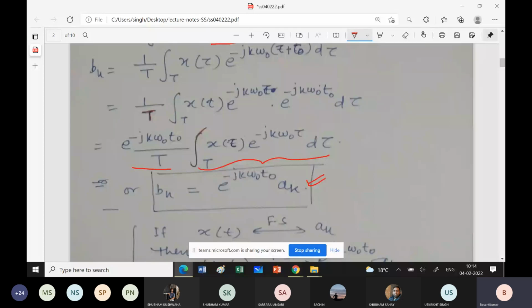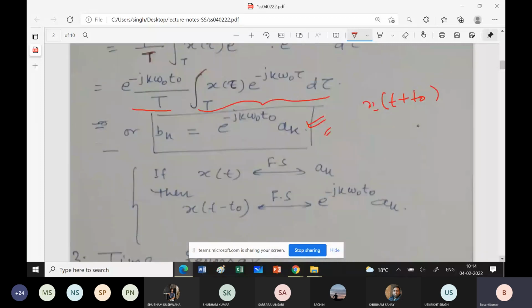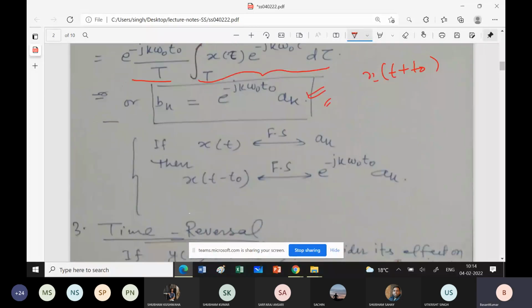And if it is x(t plus t_0), then here it will be plus. So this is how this relation can help you out. Okay. So this is the relation that holds.